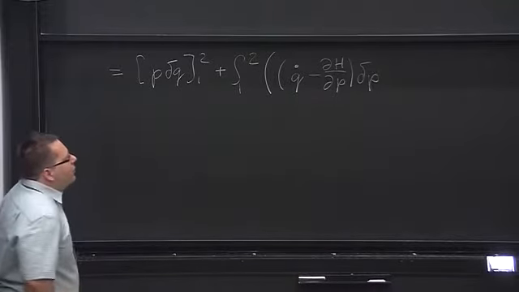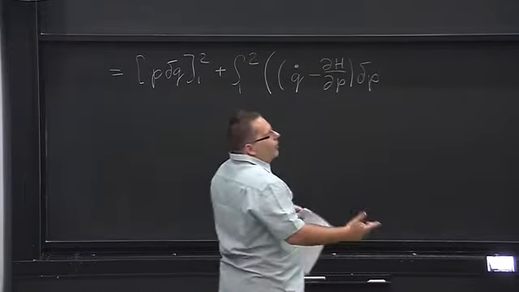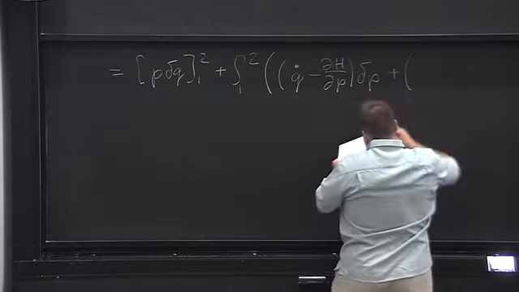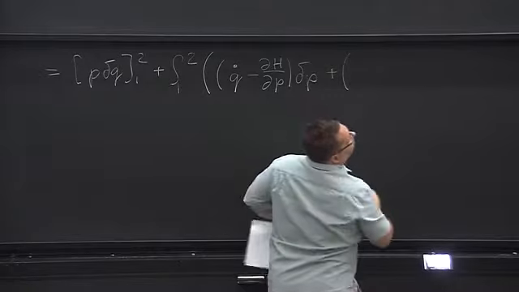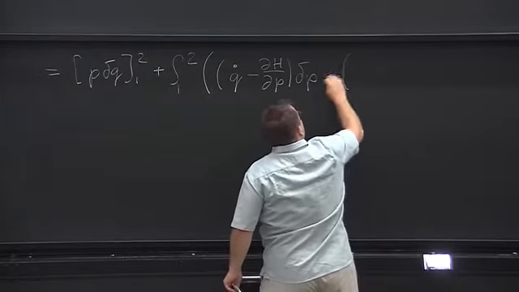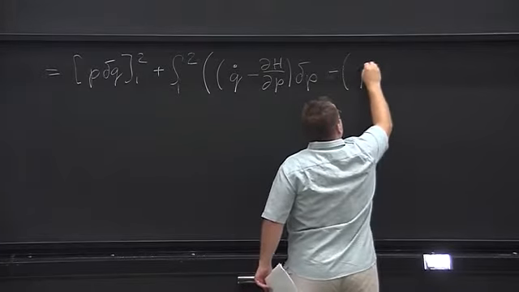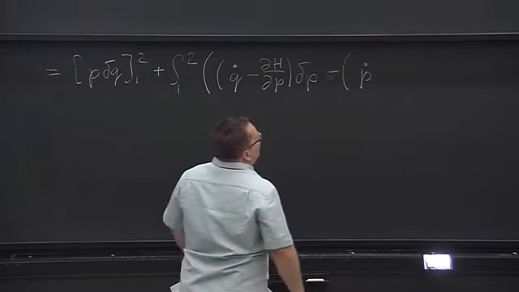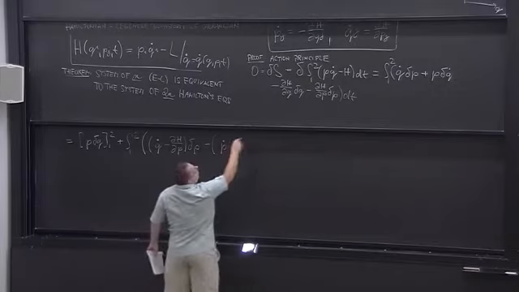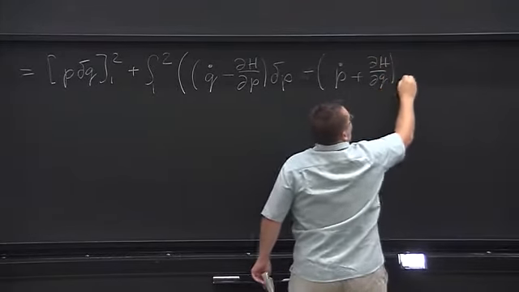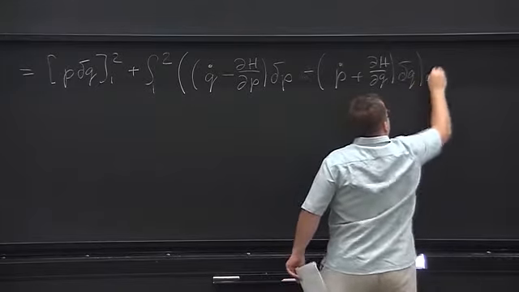And then the terms which have delta Q. So now if I integrate by parts, I pick up a minus sign, and there's also a minus sign, plus P dot. And then plus dH over dQ delta Q dt.